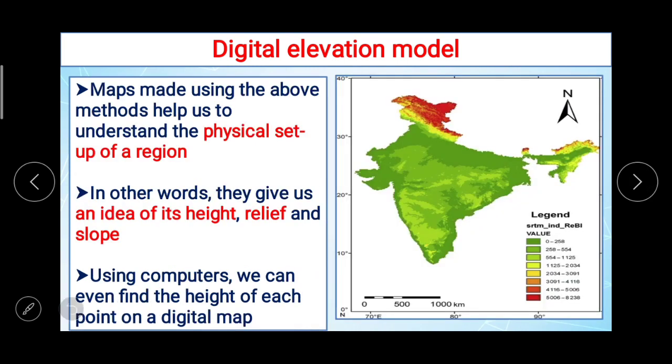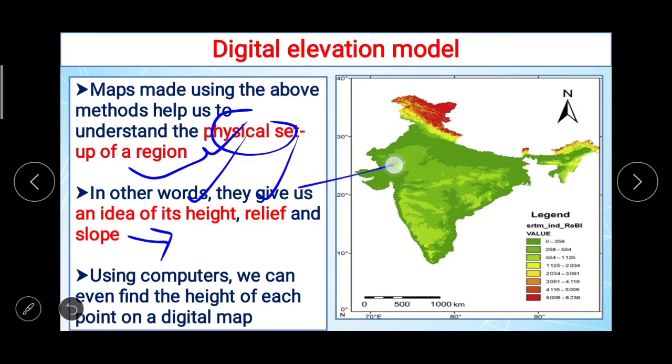Maps made using digital elevation model help us to understand the physical setup of a region. In other words, they give us an idea of its height, relief, and slope. Now this one is the map, as you can see on the screen, which is a type of digital elevation model map.